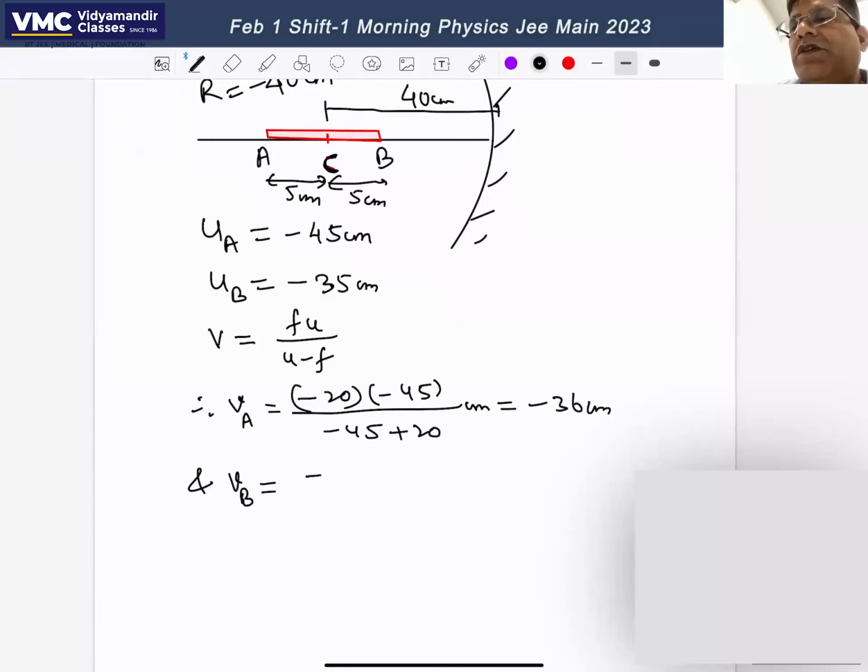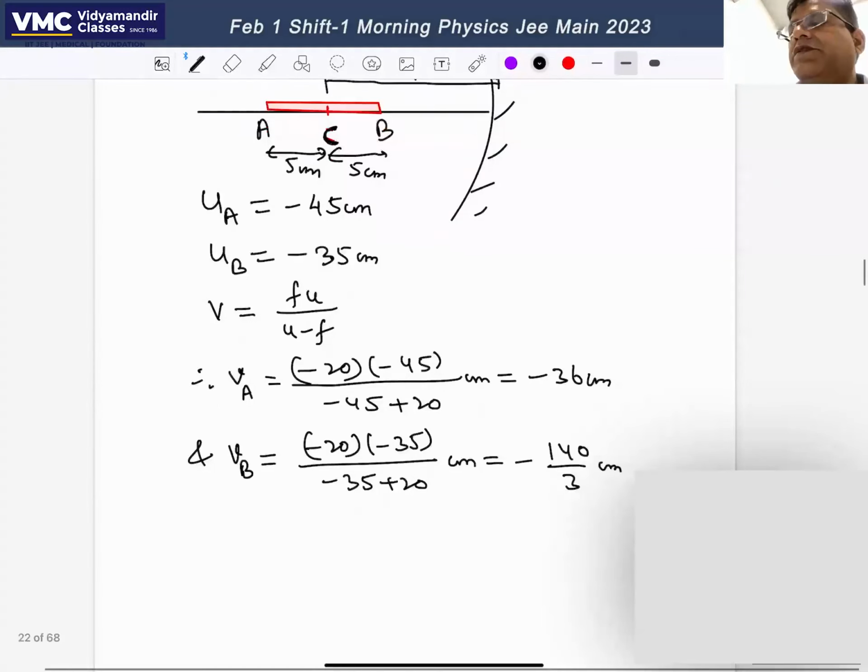VB will be the position of the image of point B. So it will be minus 20 into minus 35 divided by minus 35 plus 20 centimeter, and it will be minus 140 by 3 centimeter.